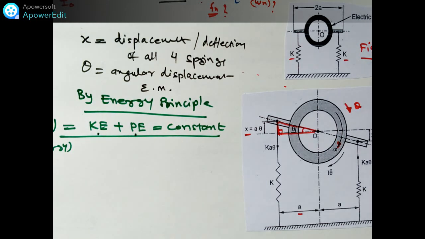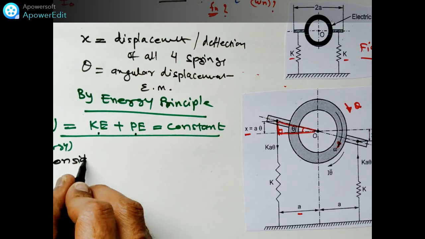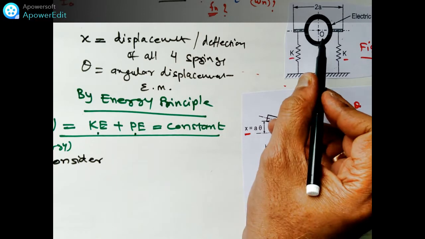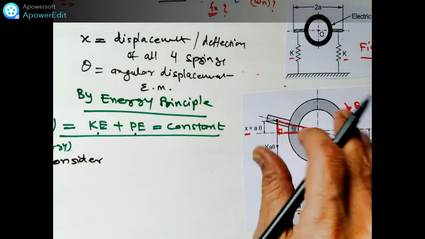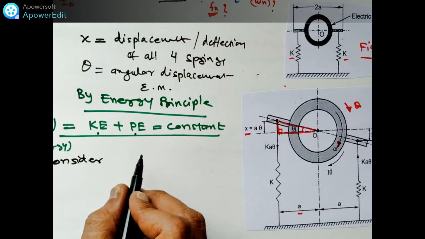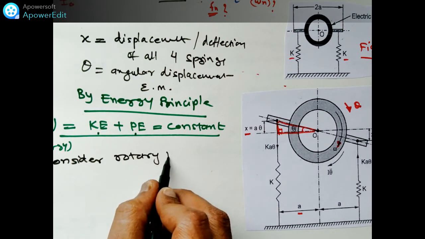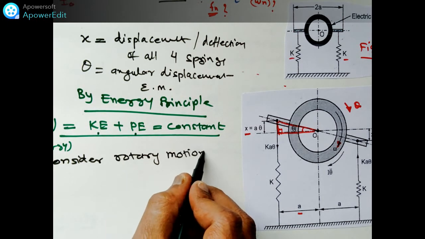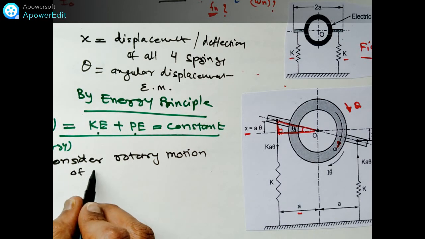How to find this? Considering that the electric motor is rotating, this motor is just turned by angle theta, so there is a rotary motion of this electric motor.